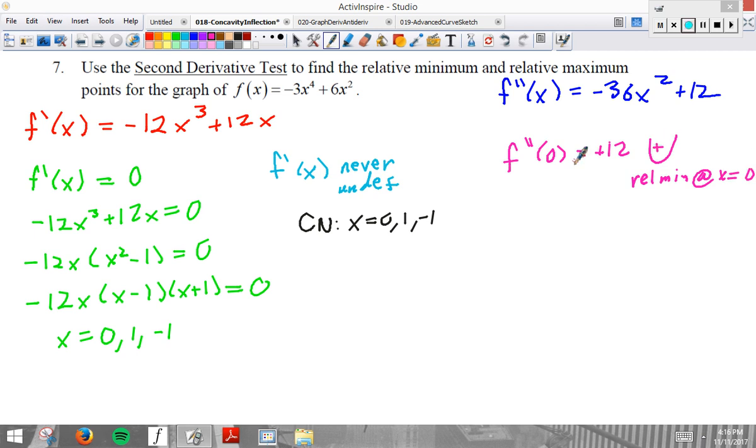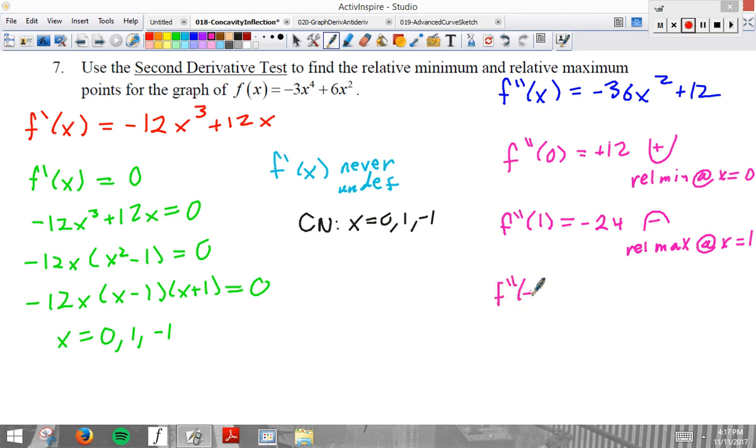A positive second derivative means we are concave up. F is concave up, and we have a critical number. It means we're right down there. A horizontal tangent line only at the bottom. F double prime of positive 1 would give us negative 24, which is of course a negative number, which is a relative max at x equals 1.